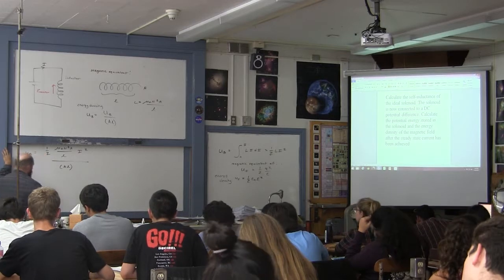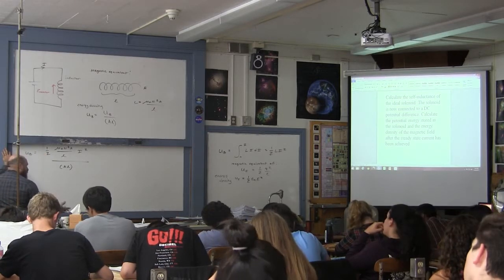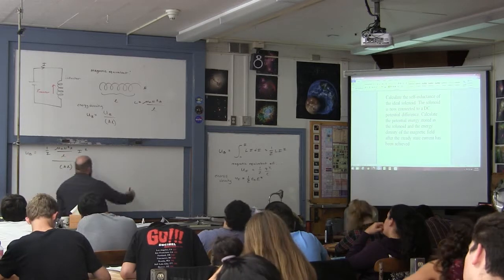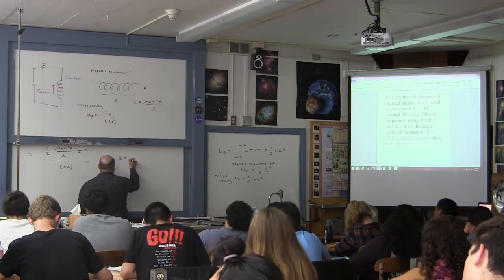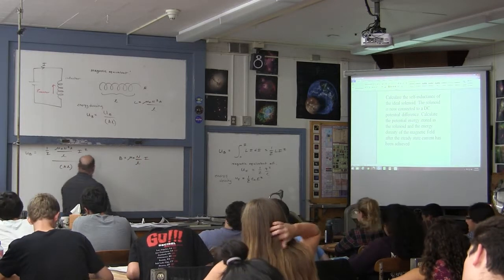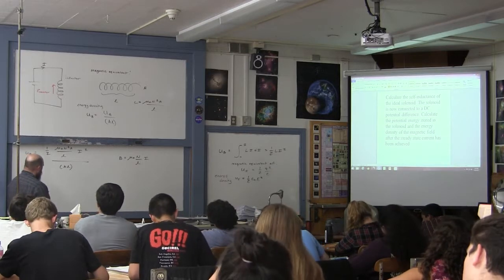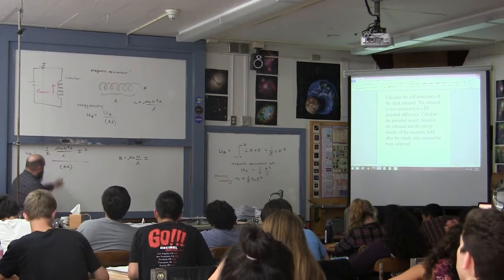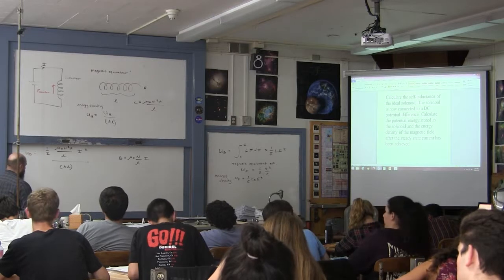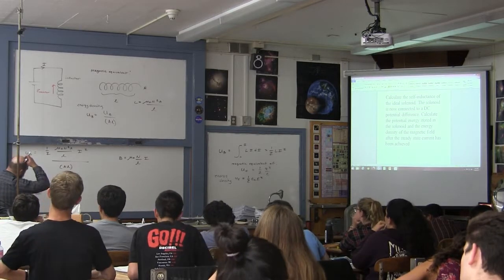Now, from earlier, B equals mu naught n I. Notice that that kind of appears right here. So how do I go to the B? This is kind of a little wonky.